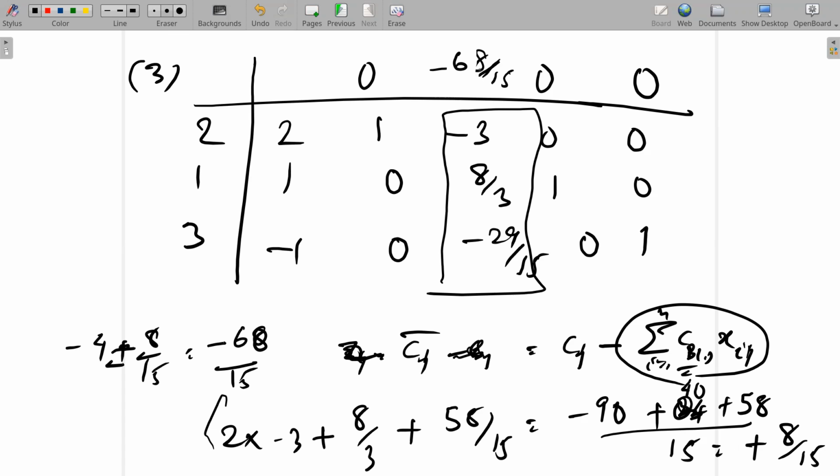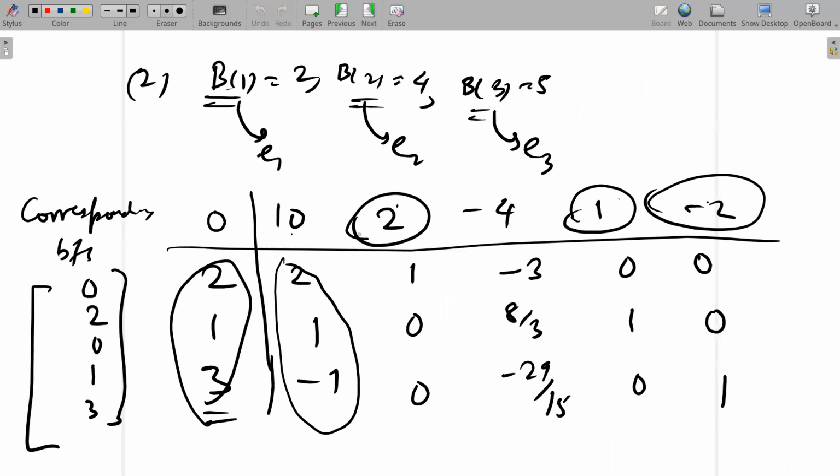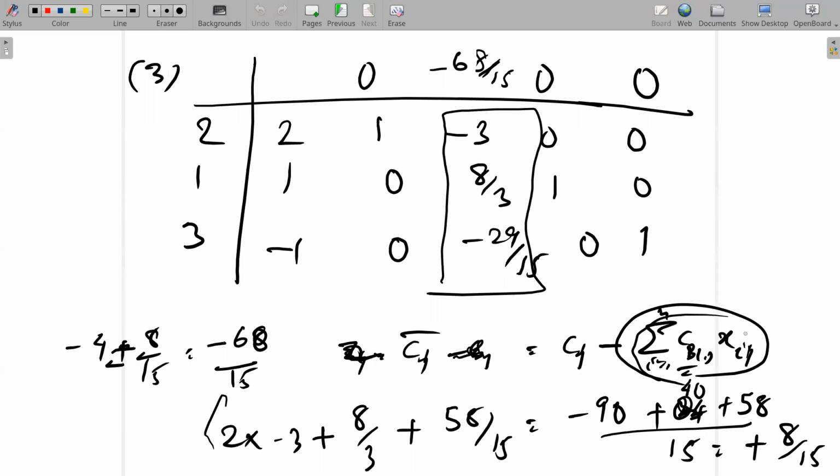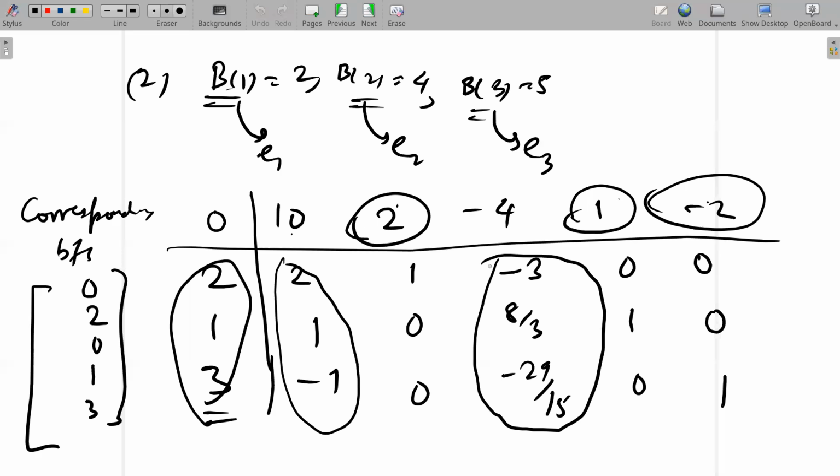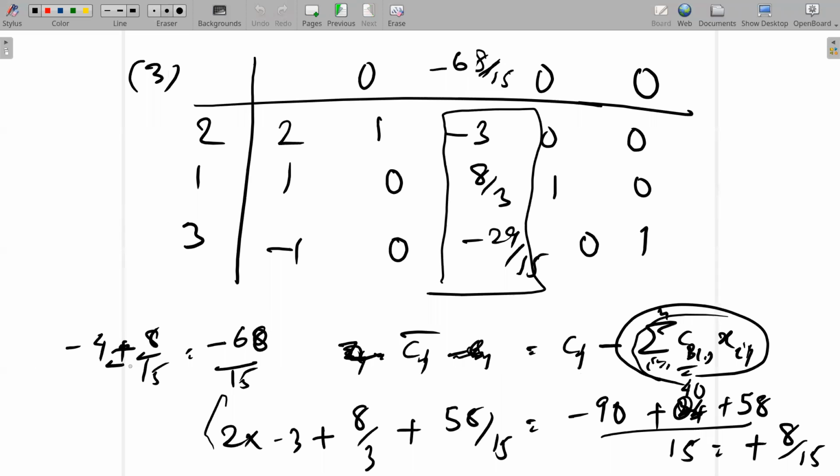Let me repeat. To compute this quantity, I took this vector 2, 1, minus 2 and did an inner product with this. From that, I got 8 over 15. Then I have to take Cj. J in here will be 3, so minus 4. Cj minus that quantity: minus 4 minus 8 over 15 will be minus 68 over 15.